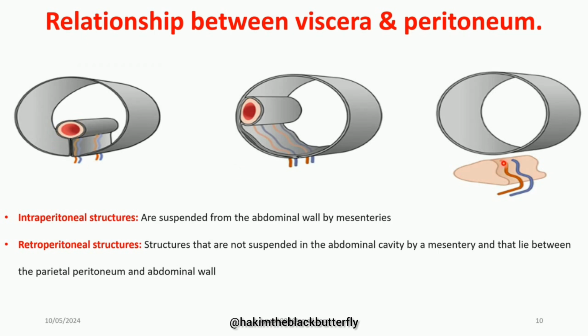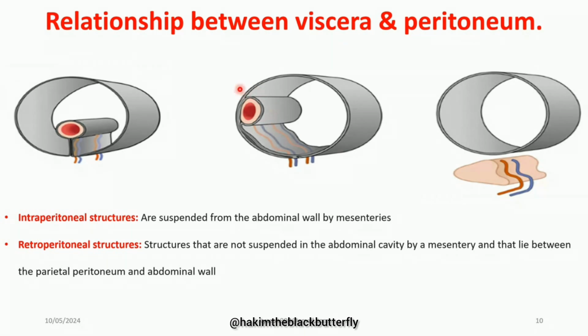Then we have those that are totally behind the peritoneum. These are retroperitoneal. To be specific, you can call these primary retroperitoneal organs. And then we have what we call the secondary retroperitoneal organs.